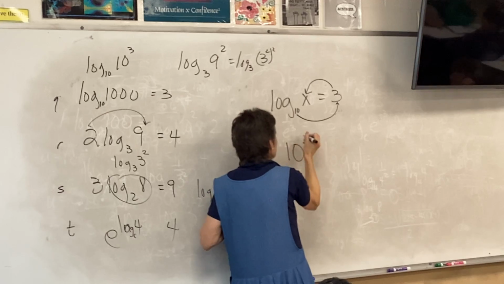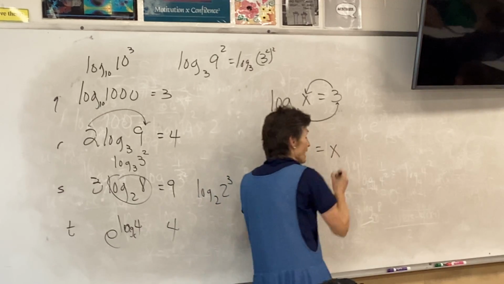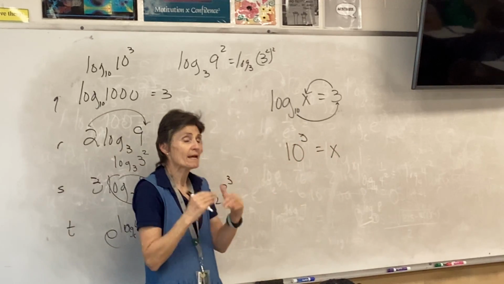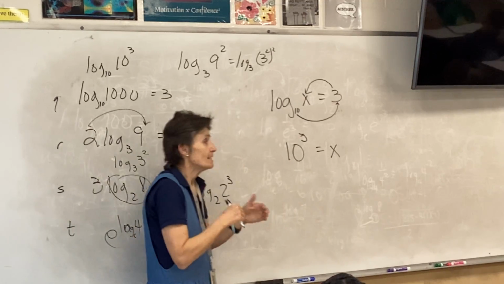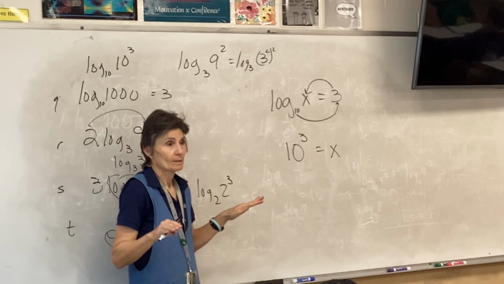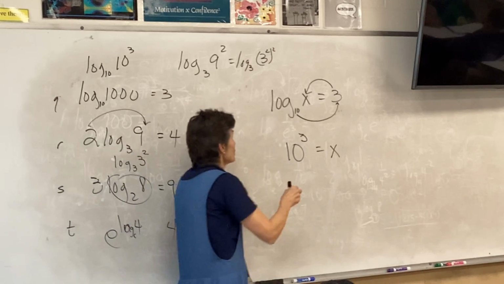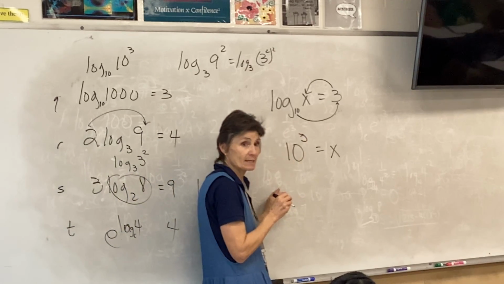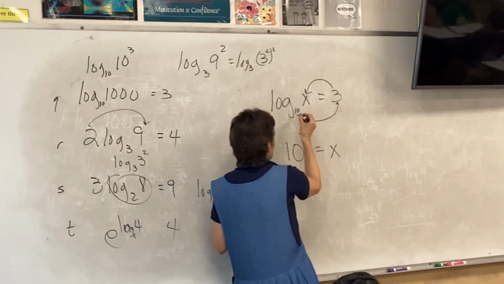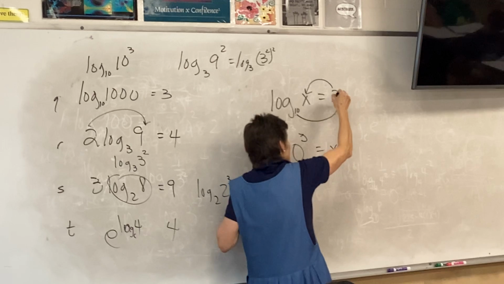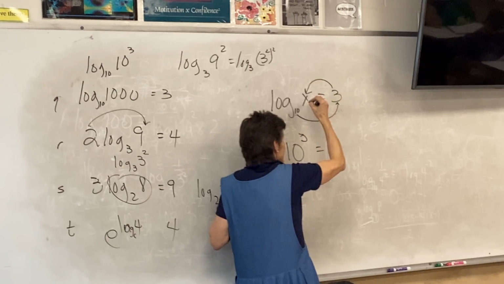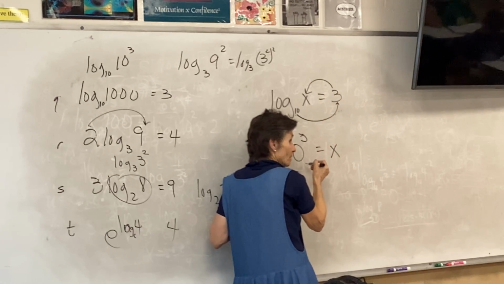So 10 cubed equals x. That's how we translate a logarithmic equation to get rid of the logarithm. So does that look familiar? Do you remember doing that at some point in your life? Yeah. So 10, always start with the base, to the third equals x. So the answer to the problem is 1,000.